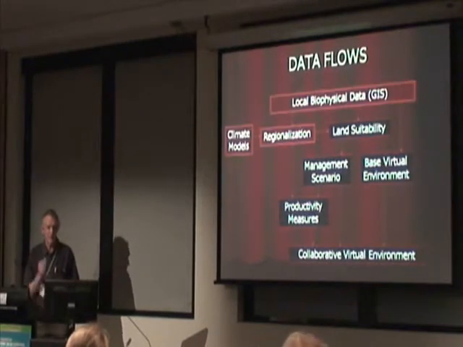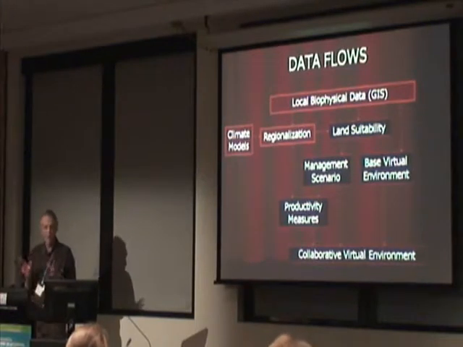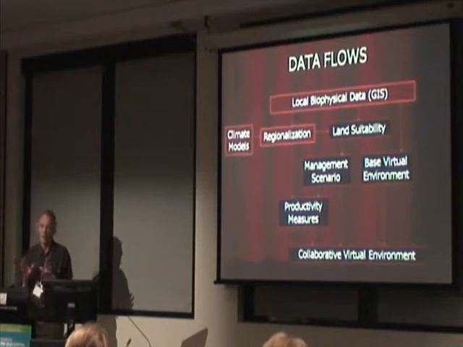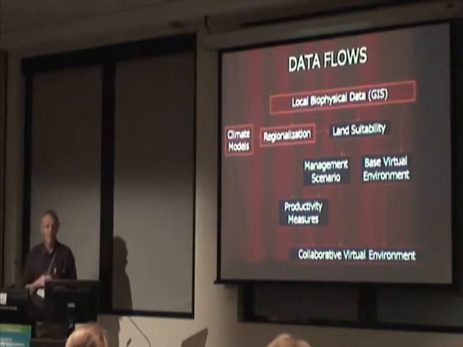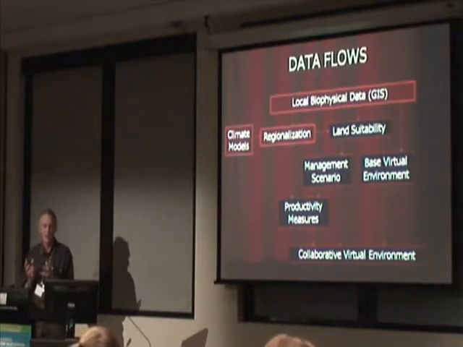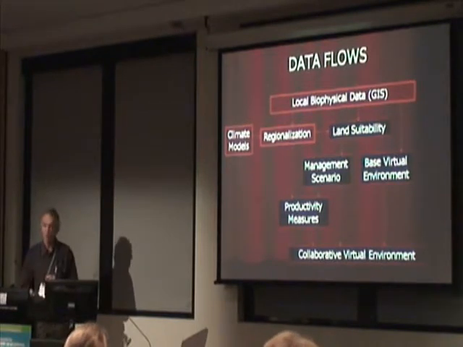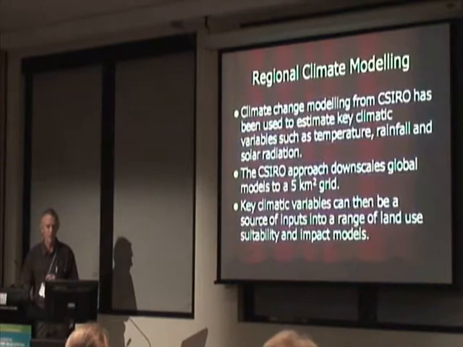So I'll start with climate models. As I mentioned, the starting point here was the IPCC global climate models. The colleagues at Monash developed systems for regionalisation of those down to 5-kilometre grids, and this was done incorporating local biophysical data from the GIS.